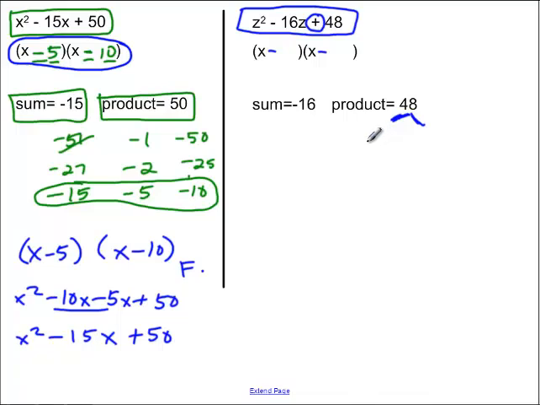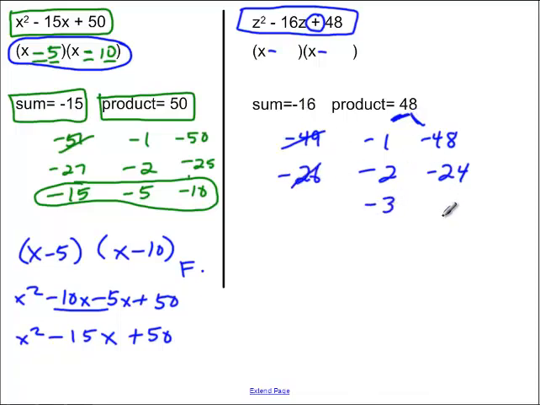So again, if you're logical, you'd have to say, well, let's go -1, -48. -1 times -48 gives me +48. What is the sum? -1 plus -48 is -49, and that's not equal to -16, so throw that one away. All right, what's the next one? -2 goes into 48. How about -2 and -24? What does that add up to? -26, not equal to -16.